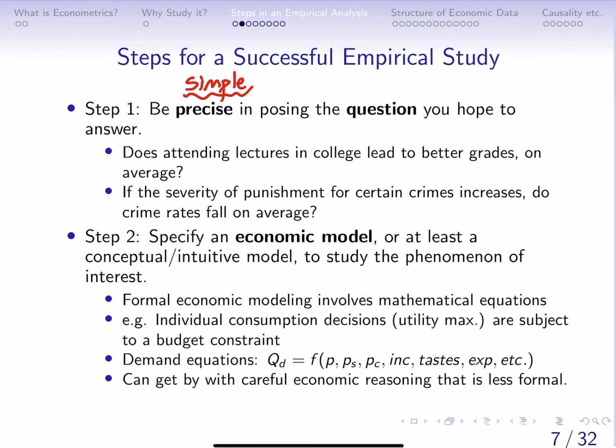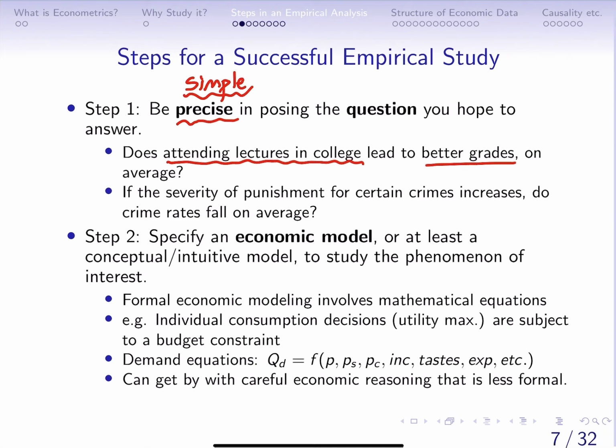Or something like, does attending lectures in college lead to better grades on average? Right? So these are average effects that we will talk about throughout the course. But you want to come up with a simple question. So as long as it's simple, you're also going to make sure that it is precise. Okay, so you're going to pose a question. That's step number one.